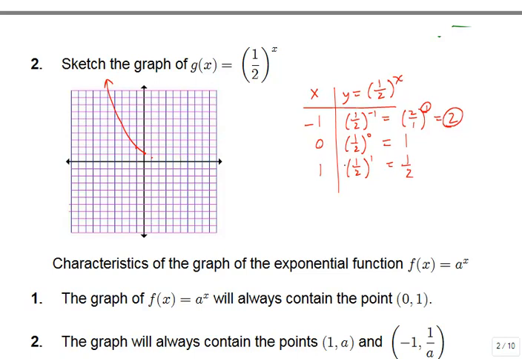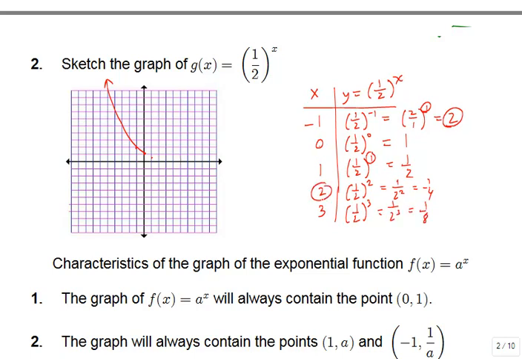As I make this power larger and more positive, then this is going to make this fraction get bigger and bigger and bigger in the denominator. So for example, 1/2 squared if I used 2, 1/2 to the third if I used 3, and 1/2 squared is just 1 over 2 squared, which is 1/4, and 1 over 2 cubed, which is 1/8.